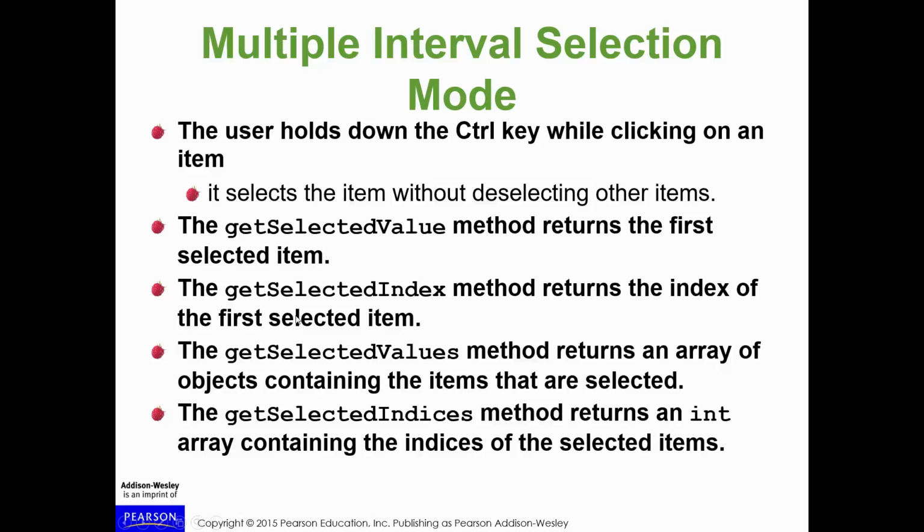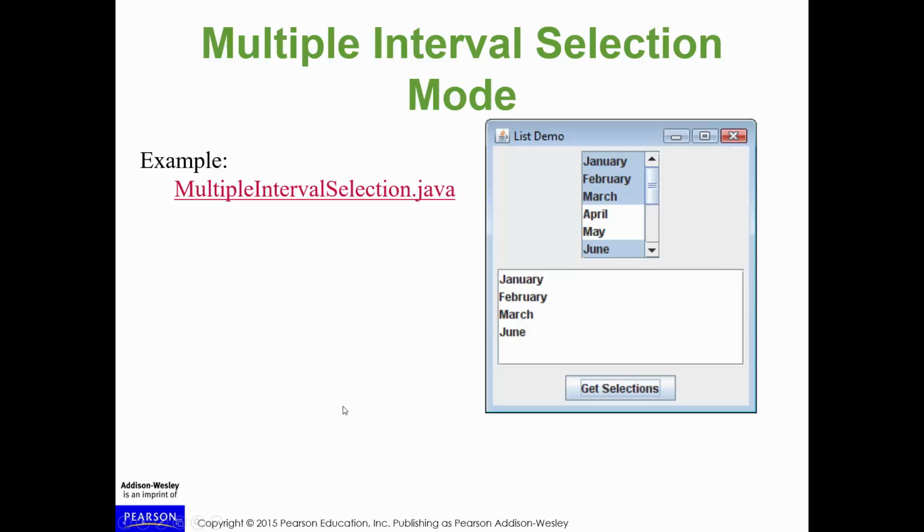Again, notice it works the same way. getSelectedValue returns the first selected item. getSelectedValues returns an array containing the items. getSelectedIndex returns the index of the first selected item. getSelectedIndices returns an int array with all of the indexes. All right, and the author does, I think, a nice job in here of giving examples that you could use.